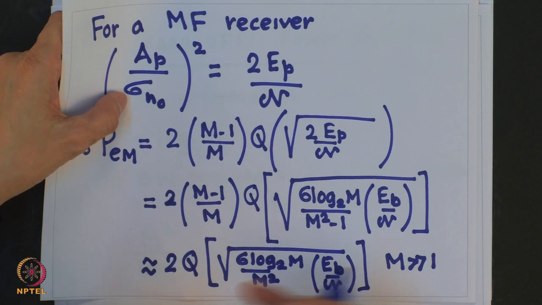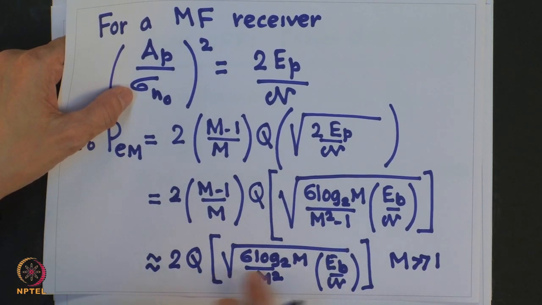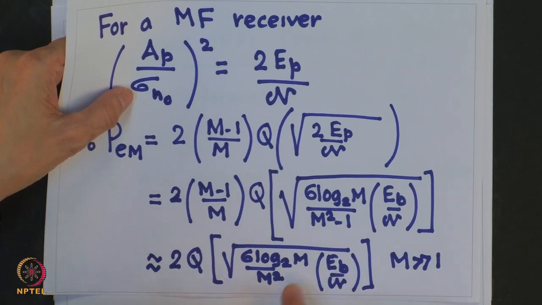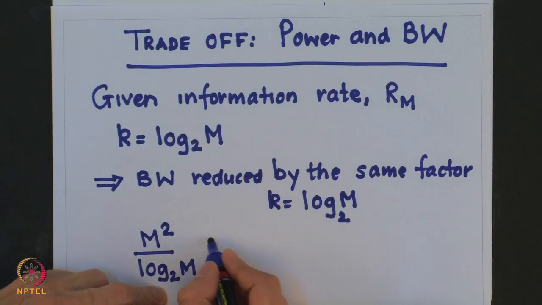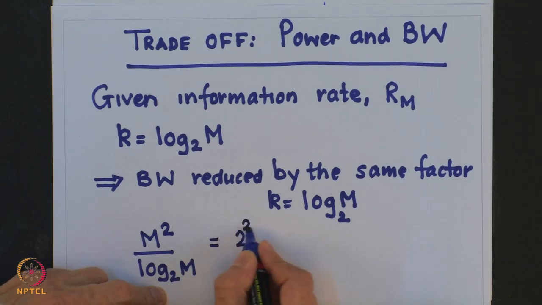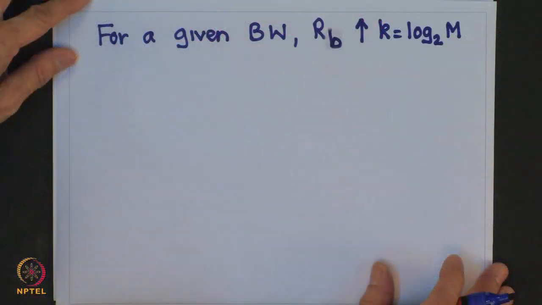So, in the M-ary case, you will have to increase the energy in the bit. It means basically the power has to be increased, and this will be equal to 2 raised to 2k by k. For a given bandwidth, the information rate in the M-ary case is going to be increased by the factor k is equal to log of M to the base 2.